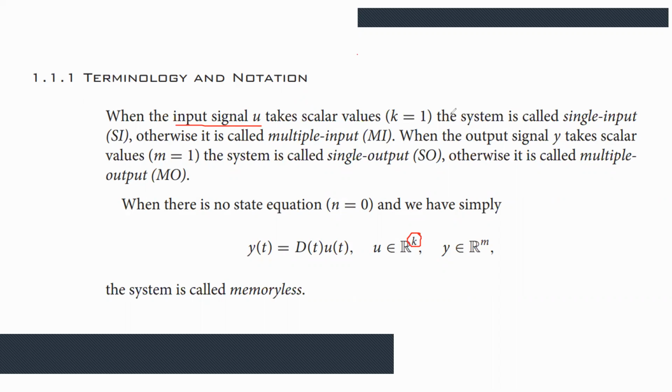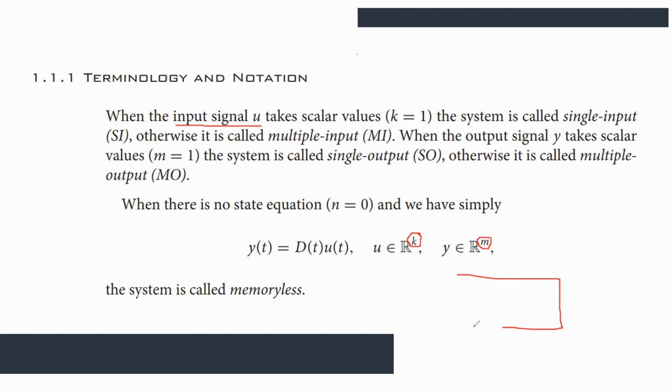And similarly, if m is 1, then in that case we have a single input and single output system. But if the values are different, then we have a multiple output and multiple input system.